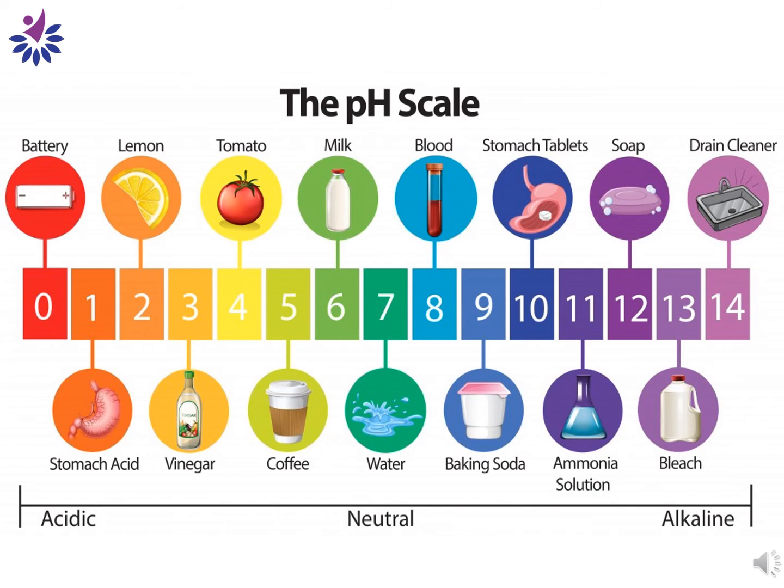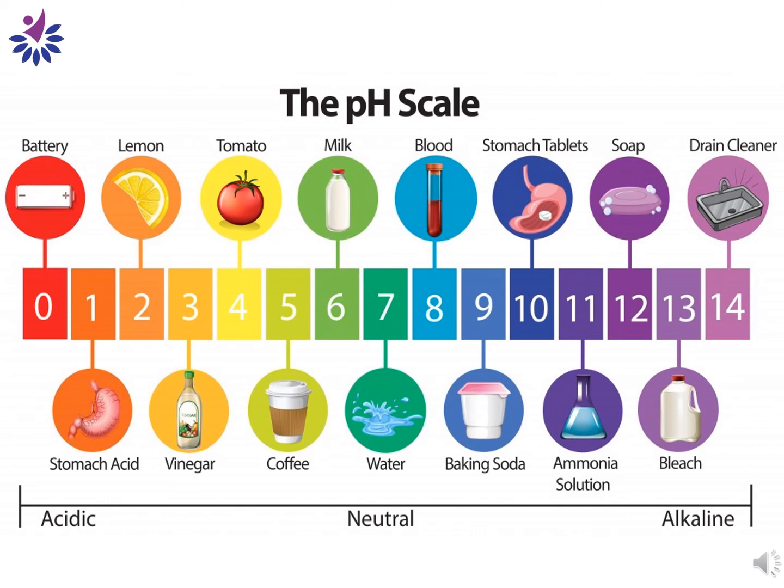This scale, however, is not a linear scale, like a centimeter scale, in which two adjacent values have the same difference. It is a logarithmic scale in which two adjacent values increase or decrease by a factor of 10.